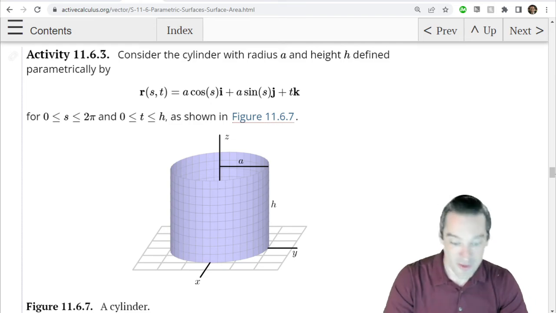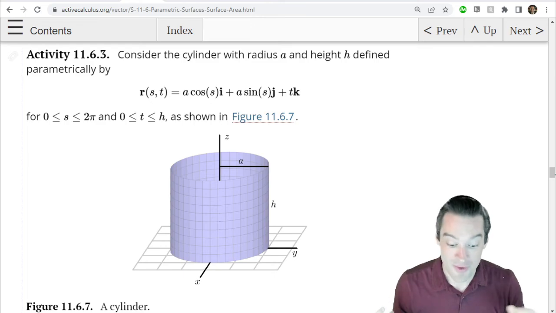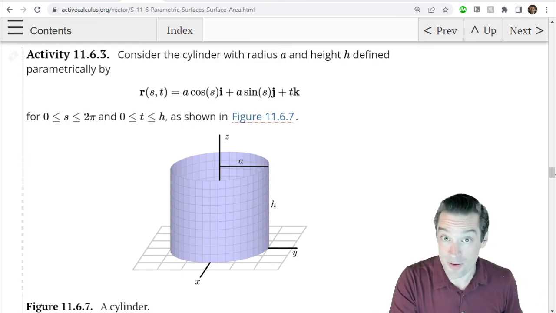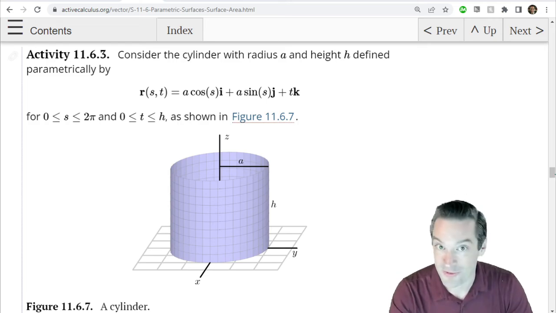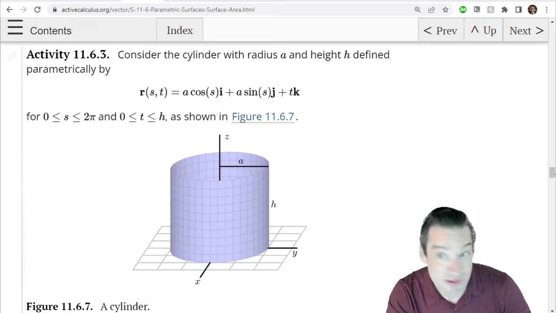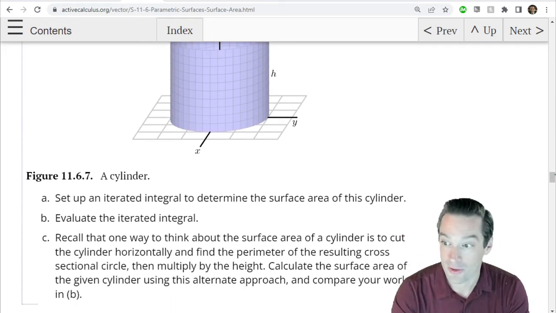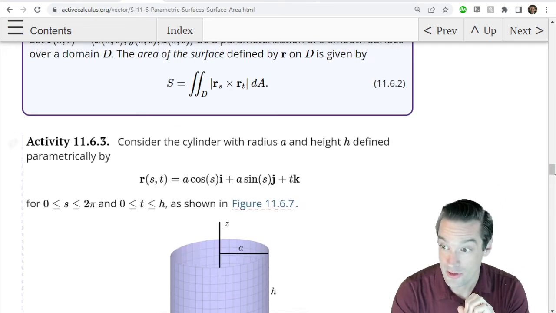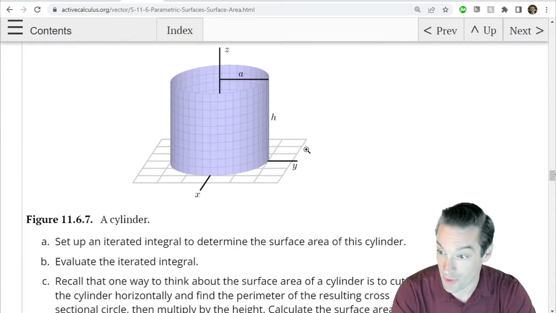So again, this is one of these great calculus problems where we already know what the answer is going to turn out to be. It's more about getting the practice of setting up the surface area integral that could yield us that answer, which is then more flexible to use in other cases where geometry doesn't give away the spoiler. So we'll set up an iterated integral to determine this surface area using the parameterization, and the parameterization is handed to us here, so we don't even have to do that work.